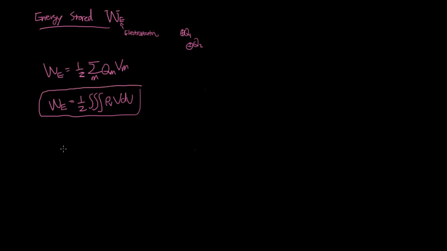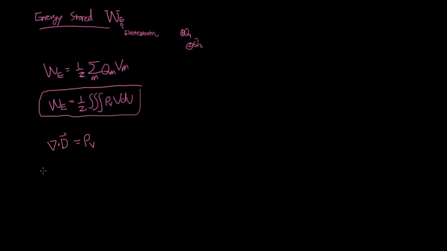Now recall, we also have a way of expressing the charge density in terms of the electric flux density. Namely, the divergence of the electric flux density gives you the volume charge density. So if you substitute this in and then apply some vector calculus identities that I don't want you to be too concerned about, it's also in the textbook in section 4.8.2.